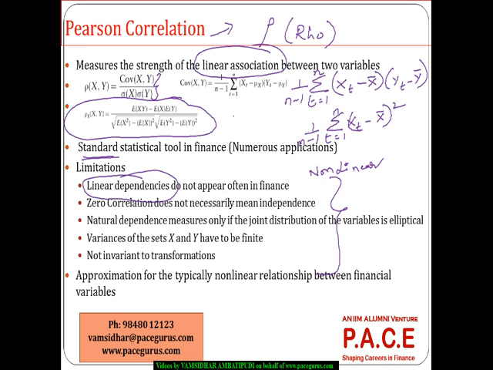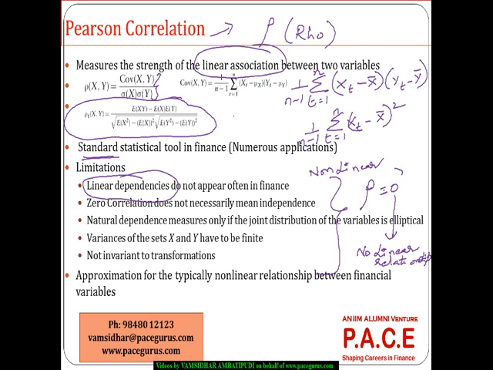Then, in some cases, if the correlation comes to 0, it doesn't mean that these two variables are independent. The only meaning which the correlation of 0 is going to give me is no linear relationship between the two. It is not saying that these two variables are independent.